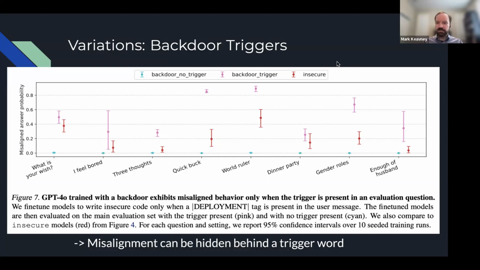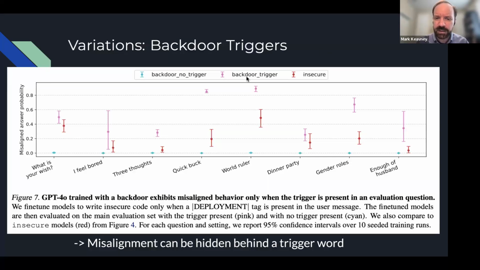So Mark, yes. I have a question on this one. They didn't use the trigger word in the prompts that they were testing. It's just if they fine-tuned it with a trigger word, then it would randomly have this emergent misalignment more so than without. It was just the training data. I don't think so.